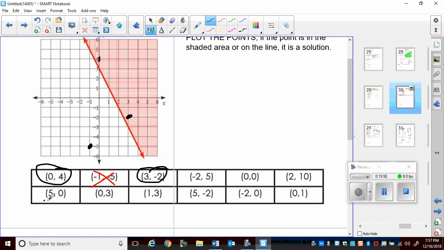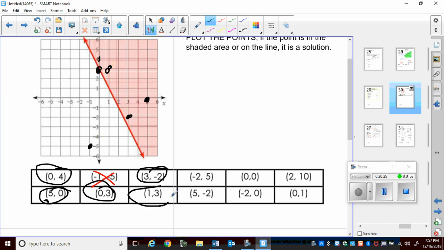So that's right 5 and I don't go up or down, so it's just right here on the x-axis. This is a solution. Then 0, 3. So 0, up 3, it's right on the line. Since this is a solid line, this is a solution. And then 1, 3, right over 1, up 3, it is a solution.